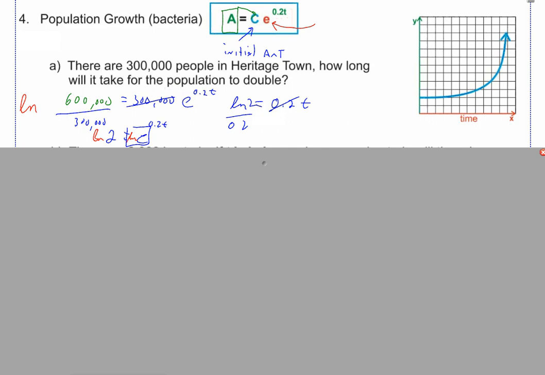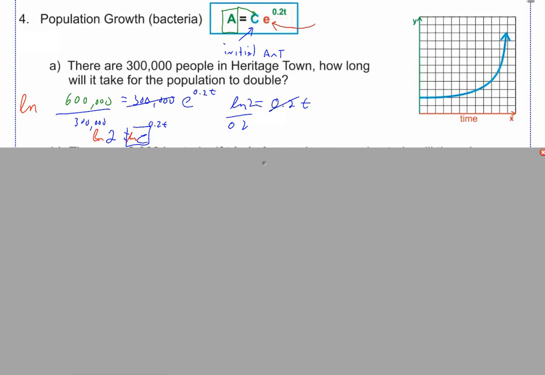You have an ln button. You should have gotten like 0.693 divided by 0.2. Yeah, I don't know what my calculator just did at first. 0.693. There we go. It does crazy things sometimes, or it's operator error. 3.5 would be the answer.